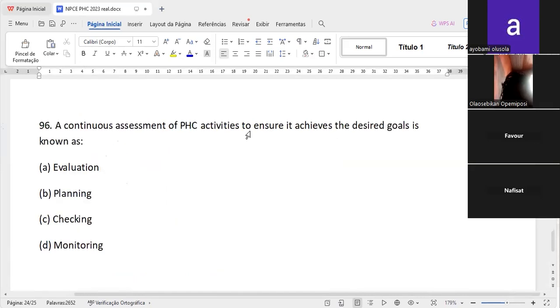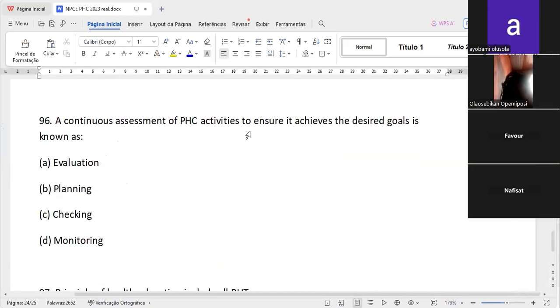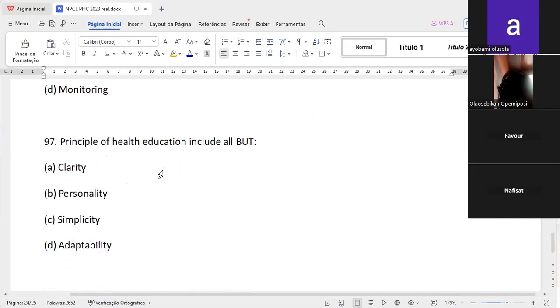A continuous assessment of PHC activities to ensure it achieves the desired goals is known as monitoring. Principles of health education include all but personality, correct.